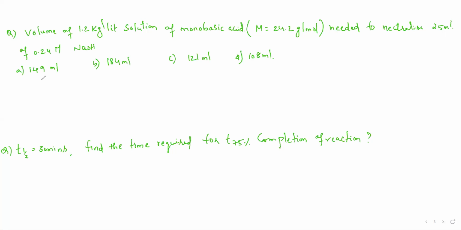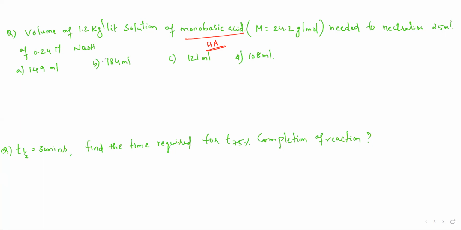Coming to the next question, volume of 1.2 kg per liter solution of monobasic acid. It's monobasic acid, which means it can donate 1 H plus ion, needed to neutralize 25 ml of 0.24 M NaOH.